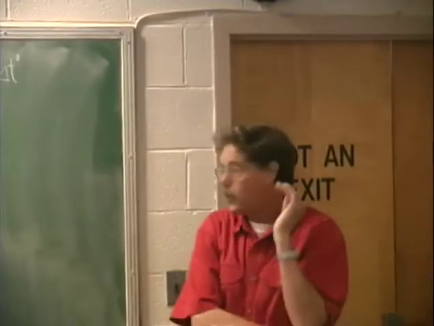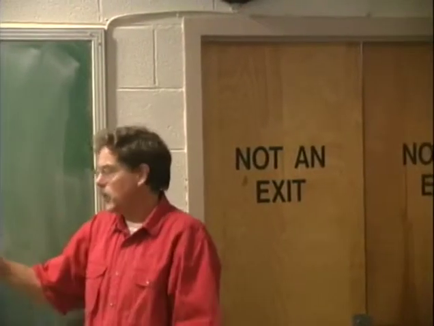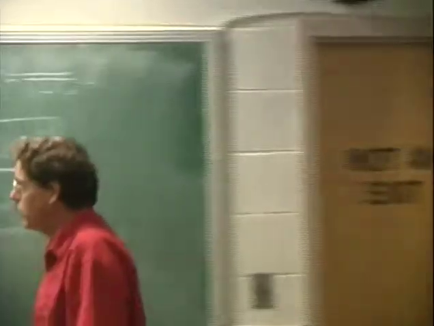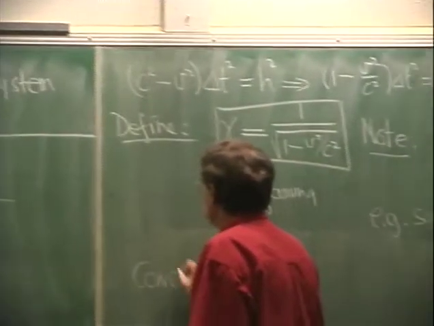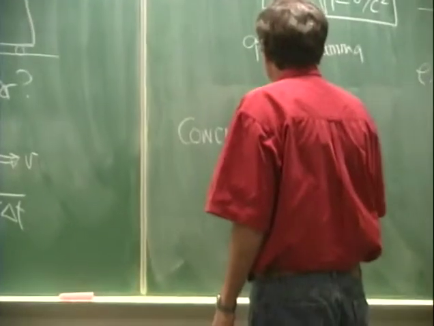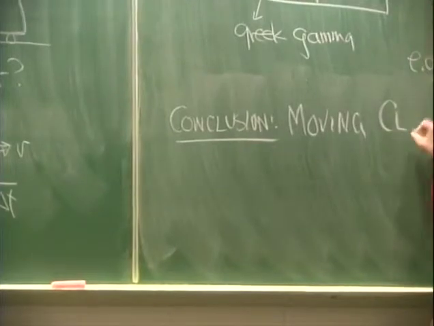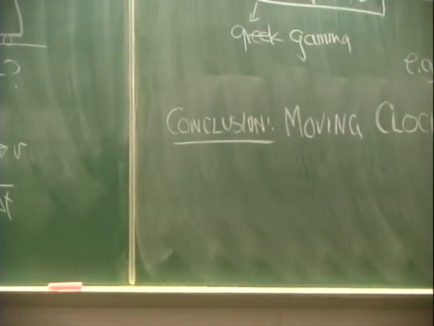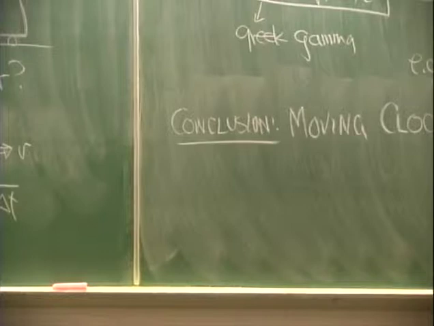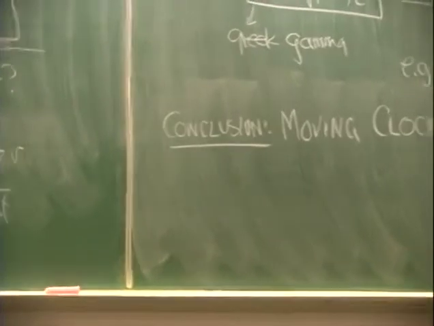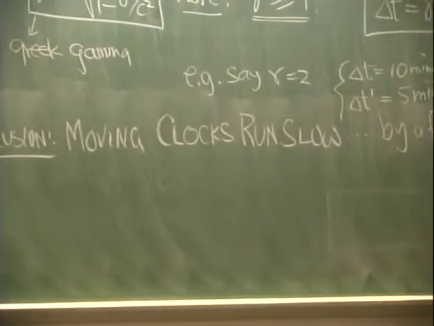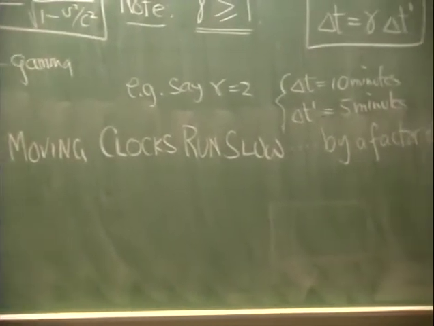Because our clock ticked off 10 minutes, it's only ticked off 5 minutes, so the moving clock, the clock on the train, is evidently running slow. How slow? By a factor of gamma. Conclusion: moving clocks run slow. How slow? By a factor of gamma.